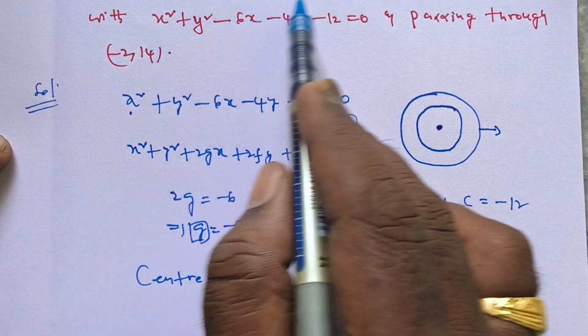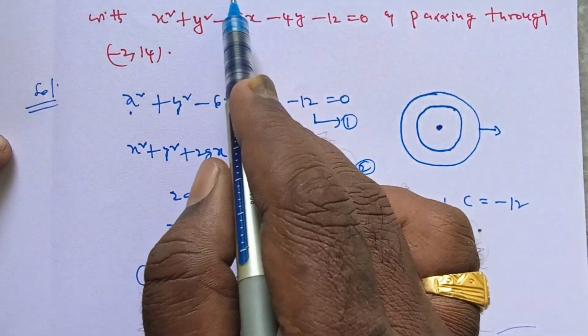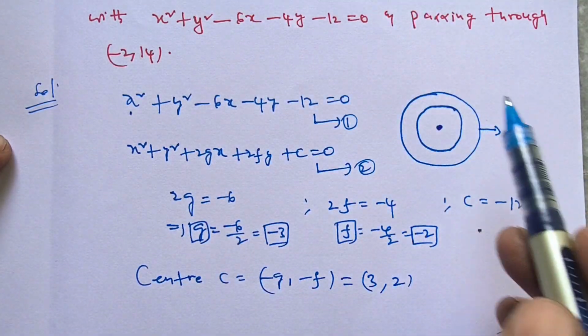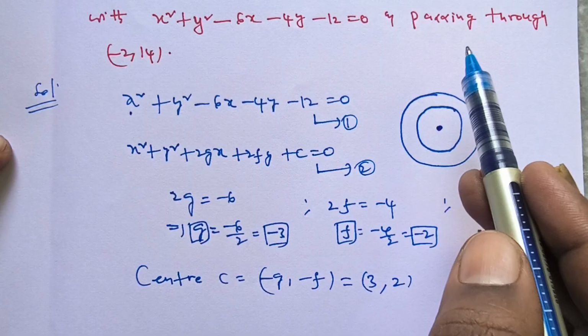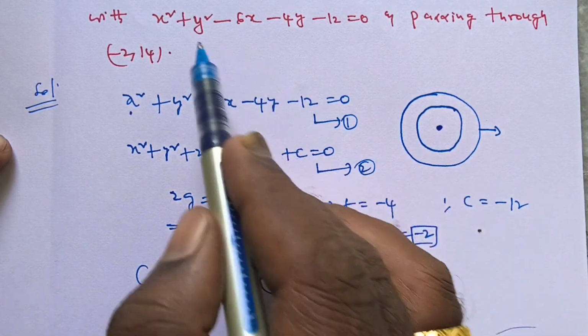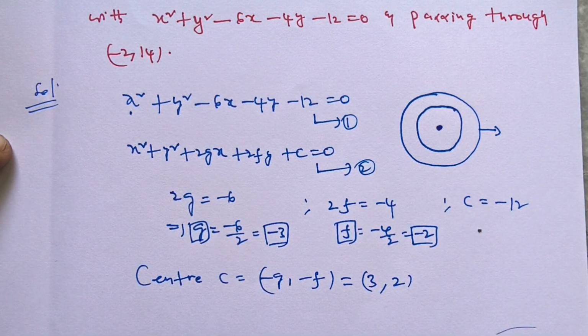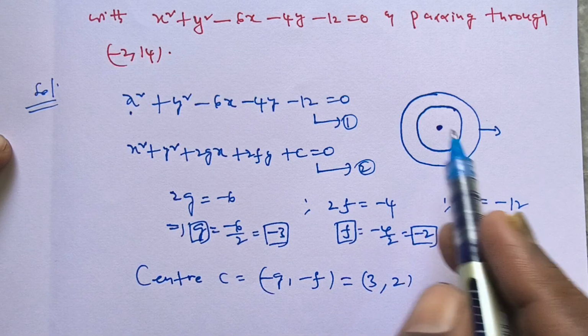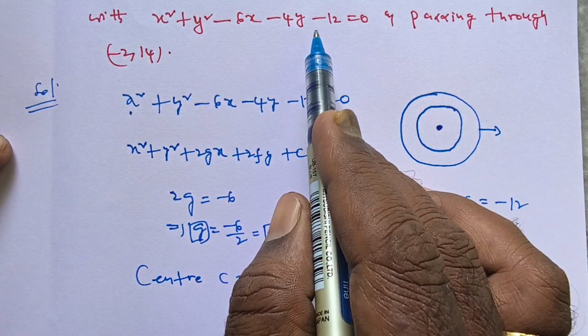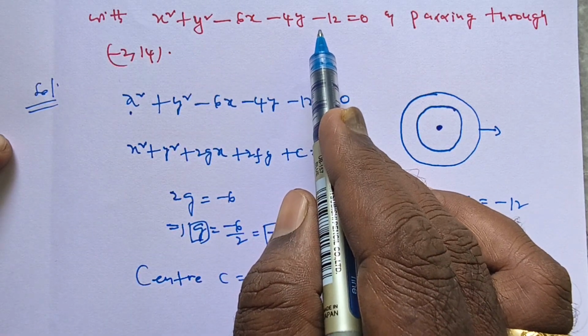So our required circle equation is concentric with this circle equation. That means our required circle equation's center is the same as the center of the given circle.